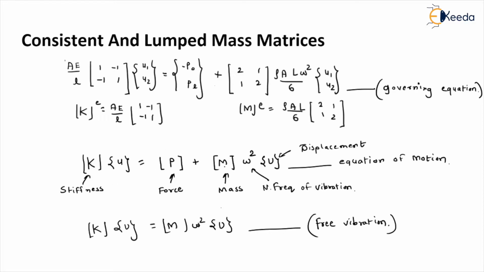Now second thing, here you can see mass. So first let's understand, for mass, this mass matrix is represented as m equal to rho into A into L divided by 6 and some matrix value.